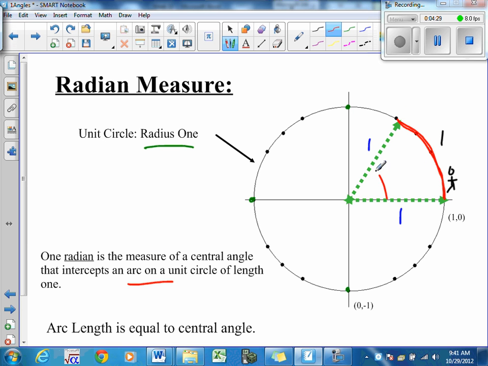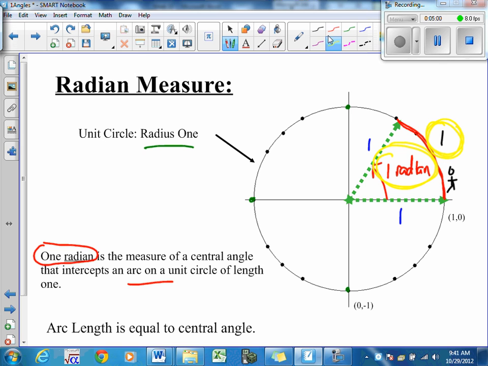The measure of this angle here is 1 radian. That's the definition of 1 radian. 1 radian is the measure of a central angle that intercepts an arc on a unit circle of length 1. So one of the important things here is this arc length is equal to our central angle.